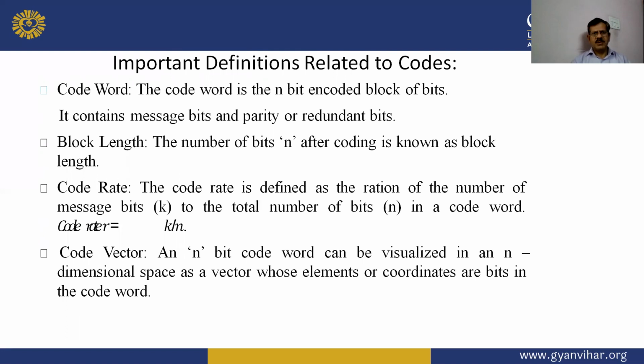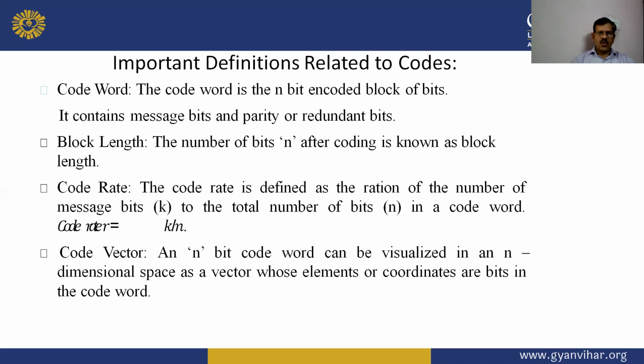Now the important definitions related to codes. The code word is the n-bit encoded block of bits. It contains message bits and parity or redundant bits. The number of bits n after coding is known as the block length.